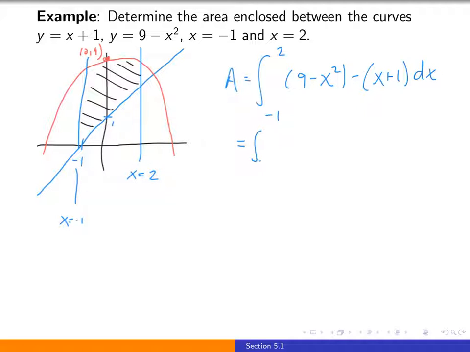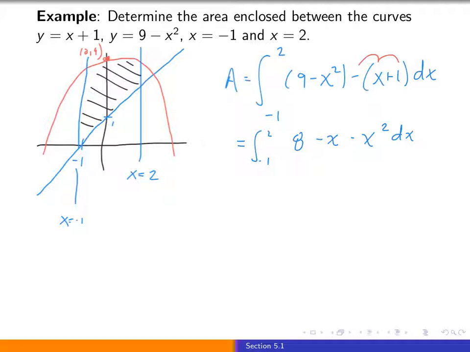So now this is the new part of the problem, getting the definite integral set up. Hopefully the old familiar part is evaluating this. So just going through and combining like terms, we have 9 minus 1 for an 8. We'll have a minus x, because remember this minus sign needs to be distributed into each term, and a minus x squared.